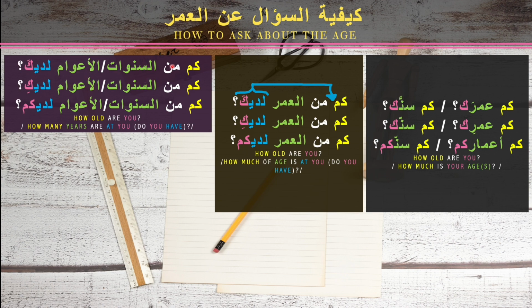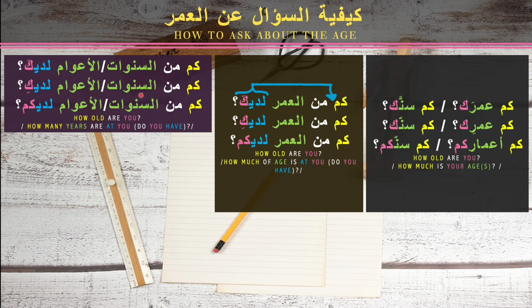You can ask without even the tool من, but in this case, you will use the indefinite singular form of the word, which is كم سنة لديك, كم عام لديك. So this is for the singular masculine, then for the feminine, كم من السنوات لديك, or you can just directly use كم سنة لديك, كم عام لديك.